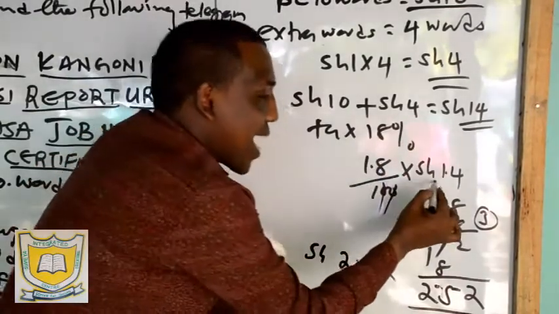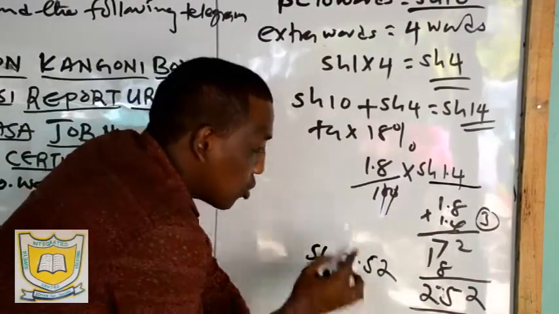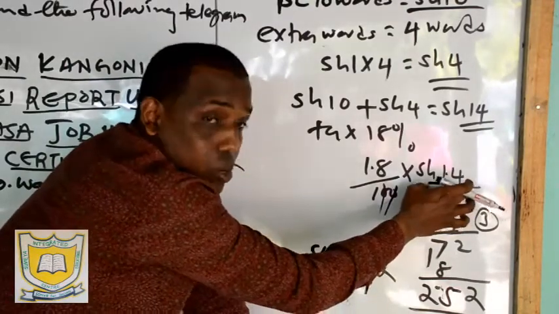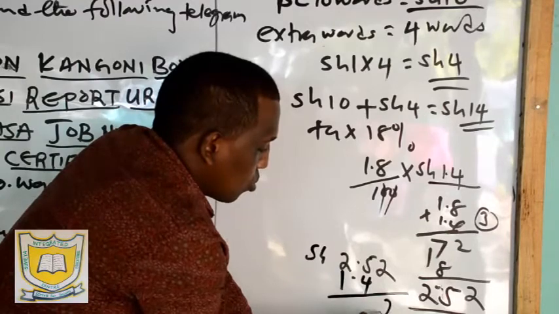Now the total amount, you add. Don't forget, please, plus 14. You re-add the amount that was taxed.